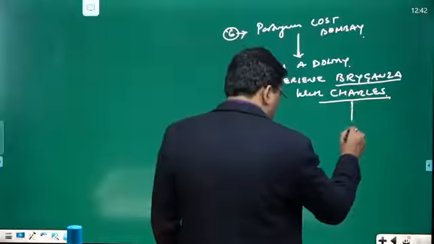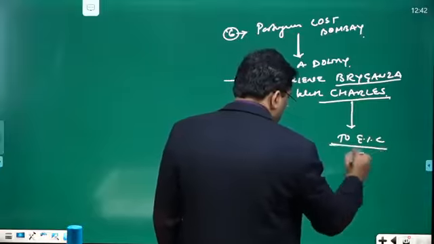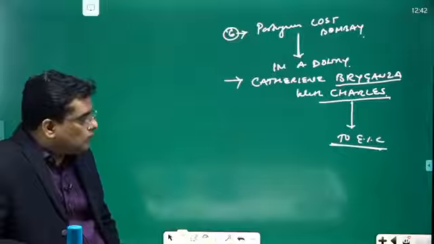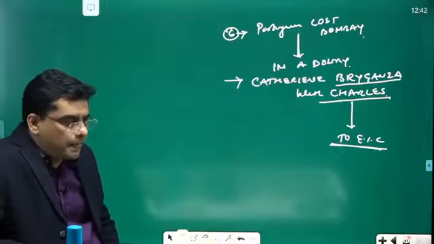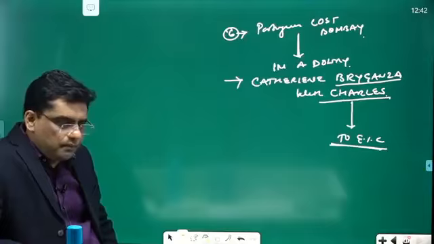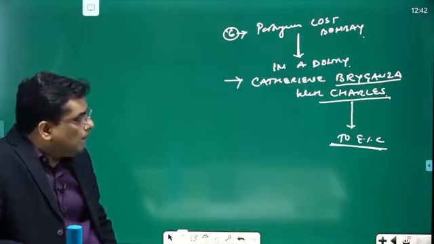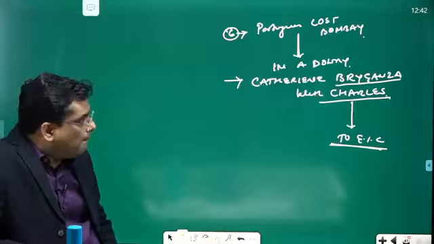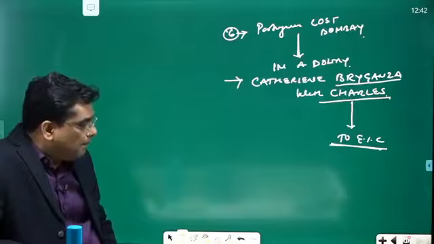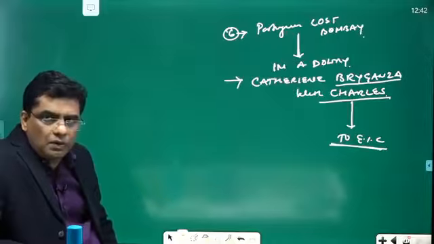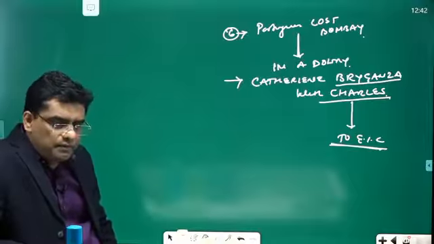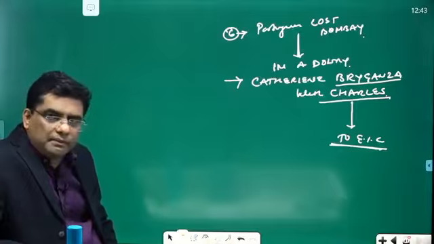And Charles gave this Bombay to the East India Company on lease. So the biggest trading center was lost by the Portuguese and was got by the East India Company.